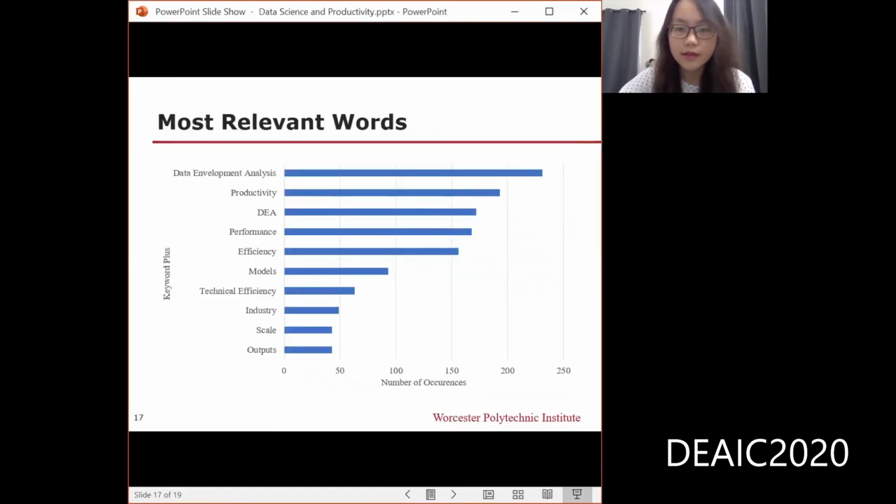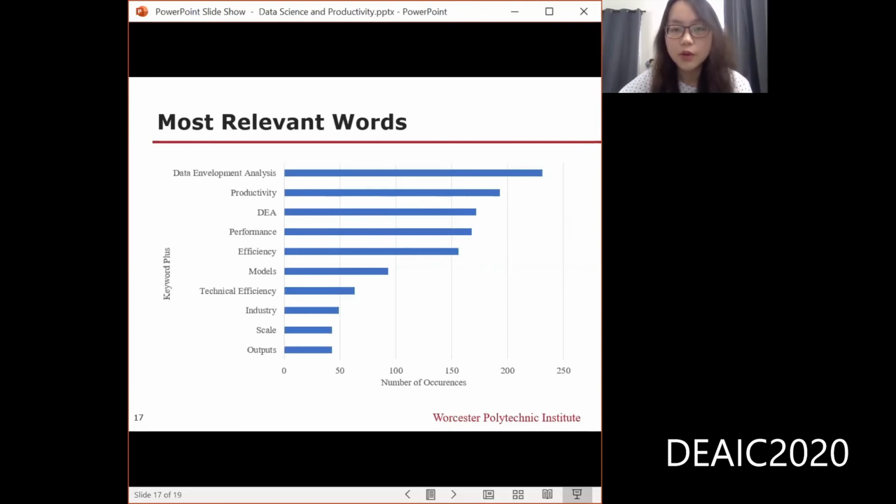Next, we conducted an analysis on the keywords. This was done by the bibliometrics tool by Aria and Cuccurullo, 2017. This figure shows the 10 most frequently appearing words using the keyword plus. From here, we see that data envelopment analysis and the short form DEA were on the list.